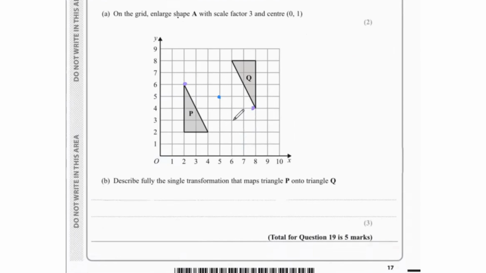So when you're rotating the shape 180 degrees, the horizontal and vertical distance of a point on the shape from the center don't change. They remain the same. So that's why it's going to be a rotation of 180 degrees about the center 5, 5.